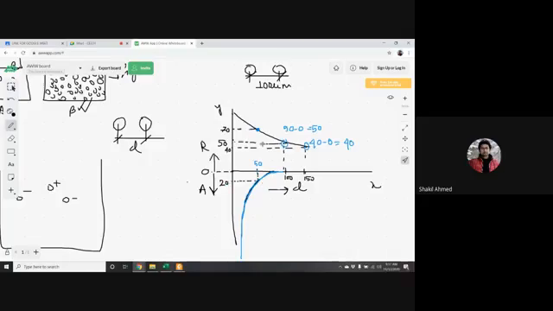Now, what is the total force here? This is positive and this is negative, right? 70 minus 50 is 20. So the resultant will be here. At this point, 100, the resultant is here.